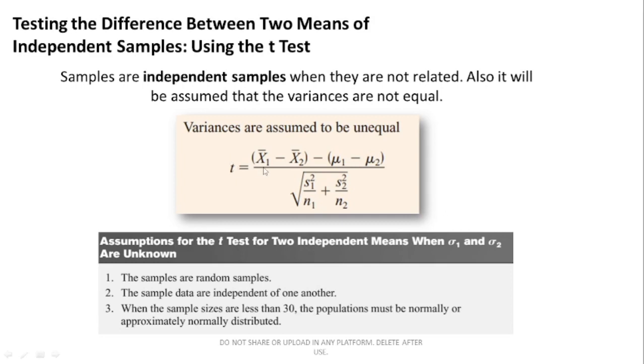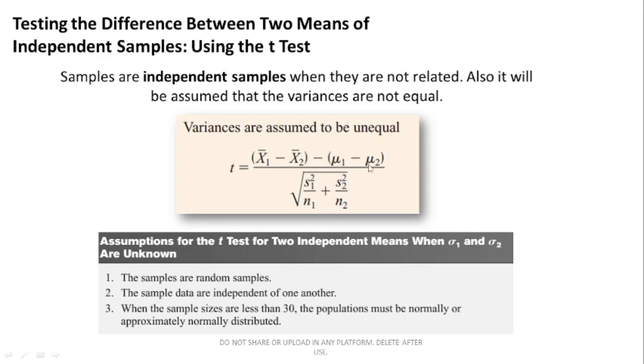T is equal to the sample mean of the first data set minus the sample mean of the second data set minus the difference of the population mean, all over the square root of the square of the standard deviation of the first data set over the number of samples plus the square of the standard deviation of the second data set over the number of samples.